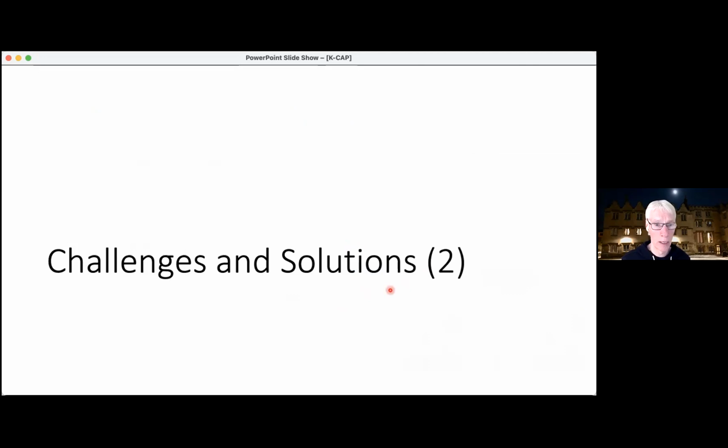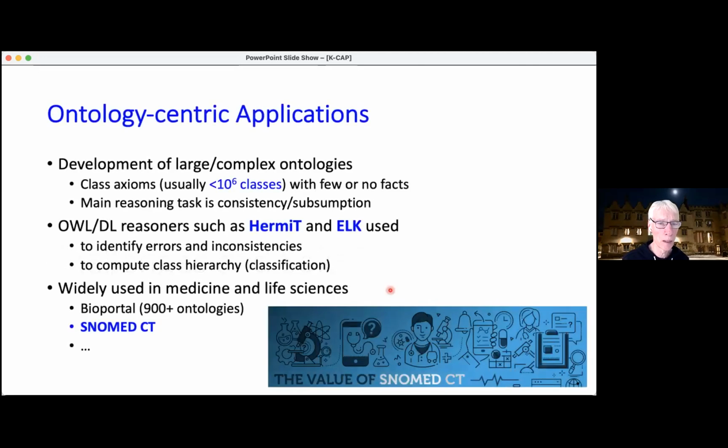Okay, so again, we're on the uphill slope again. We've contended somehow with the challenge of intractability. We've got our OWL language now that's based on a description logic and a kind of apparently empirically effective reasoning solution for that. But of course, there are always still more challenges for us.